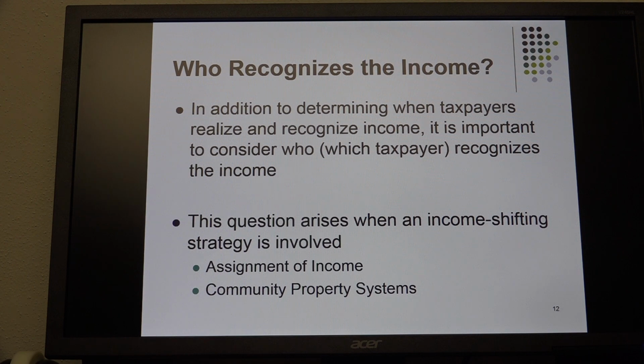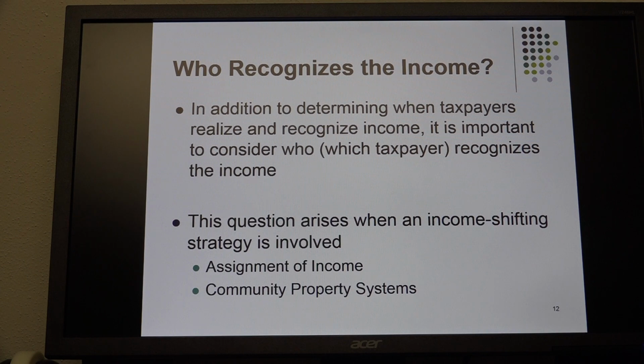Because by shifting this income, that income pays overall lower taxes if it is shifted to a lower tax bracket family member. So that's the game that we're dealing with.